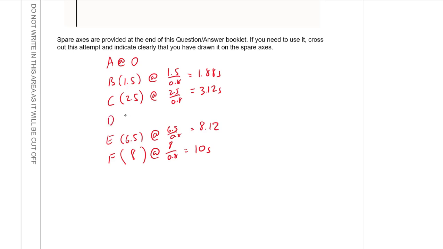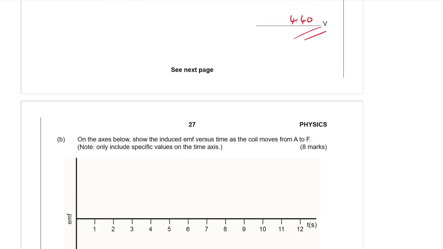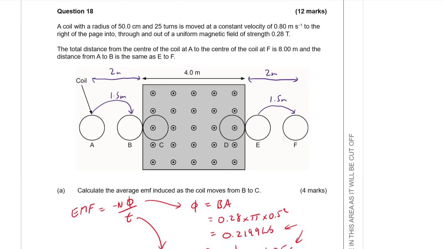And D is going to be another one away from that, so 5.5, and that's going to be 6.88. So I'm just sorting out all of my numbers so I know what I'm doing. These are the times that correspond to the locations up here.